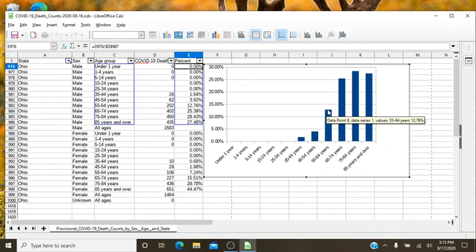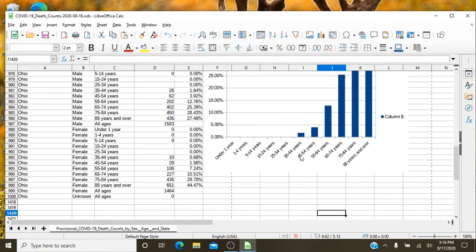It jumps at 55 to 64 up to about 12%, and up to 25%. It peaks at 75 to 84 at around 28.4%, then drops down for 85 and over to 27%.